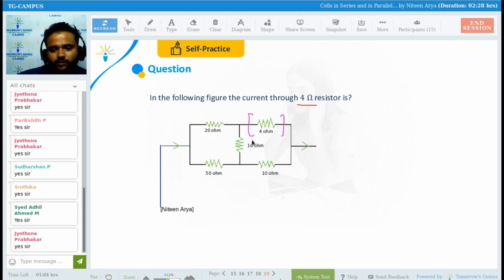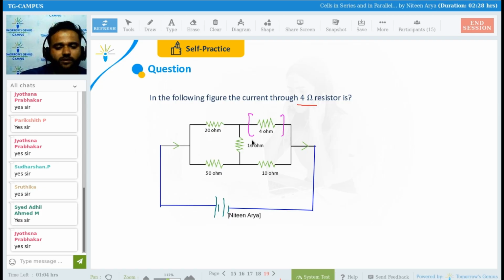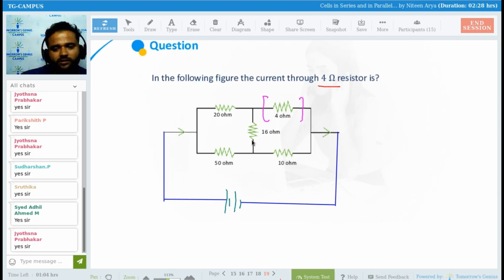This one and this one and then this one and then this one. So this is your battery. Suppose this is of your 2 volt. Then the condition is going to be okay.